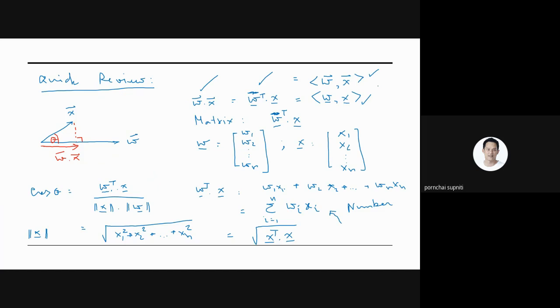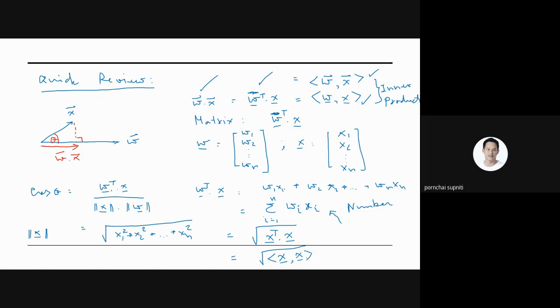If you write it like this, mathematically we call it inner product. For this one, we can write it as the square root of x comma x.